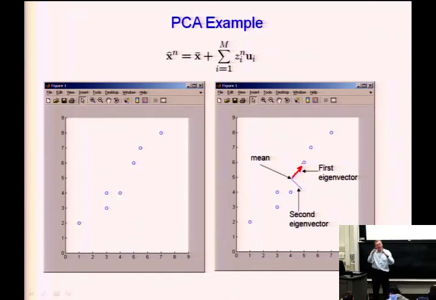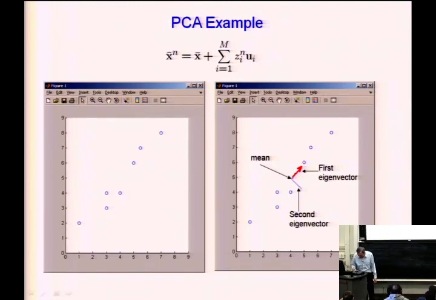And the fact that it has the largest eigenvalue is an indicator that it points in the direction of maximum variance of the data. That's what it means, actually, in this case, for it to have the largest eigenvalue. And as you can see, indeed, it does. It points in exactly the direction you would point if I asked you, what is the direction of maximum variance of this cluster of data? And so that's the first eigenvector.